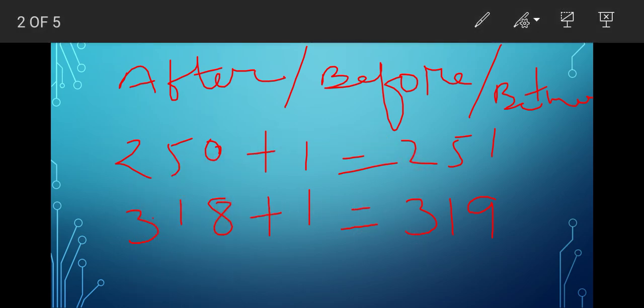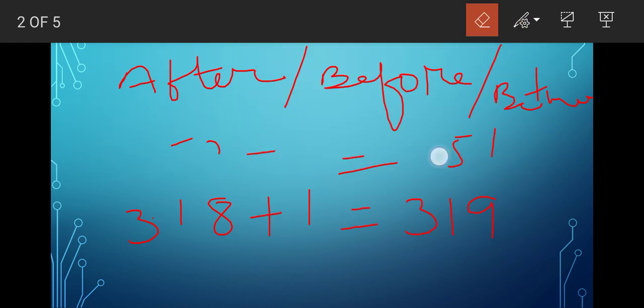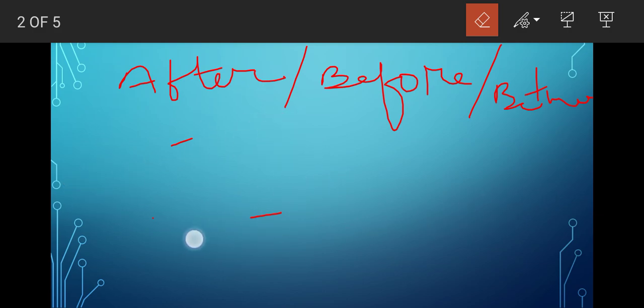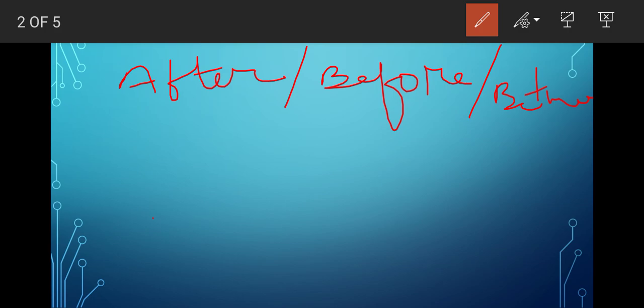All right, now let us discuss what comes before. In order to find out what comes before, what you have to do? You have to subtract 1 from the given number. For example, the given number is 260. This number I have taken from your book.